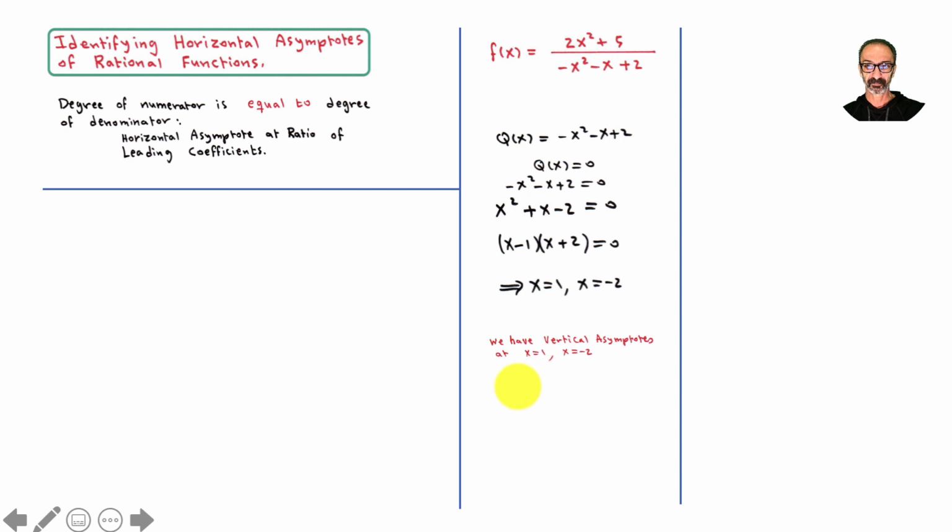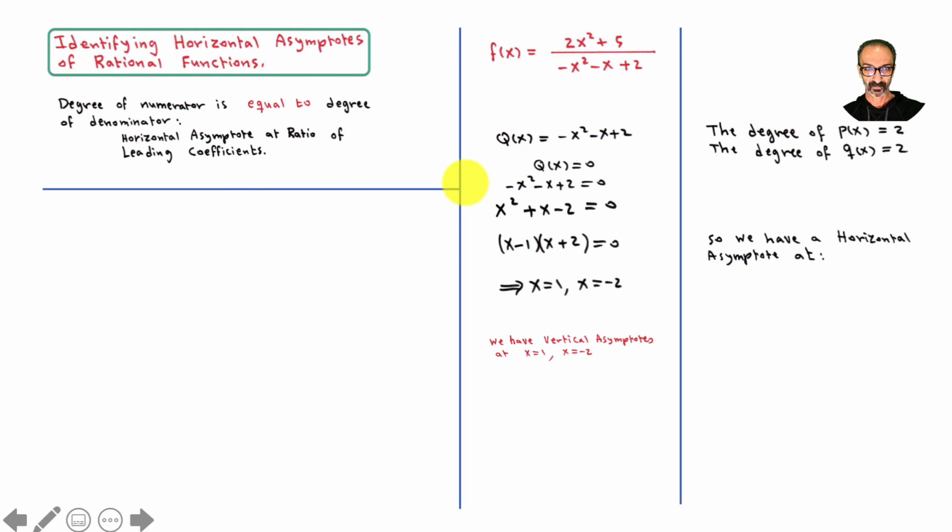All right. The degree of p of x is 2 and the degree of q of x is also 2. So we have a horizontal asymptote at the leading coefficients 2 over negative 1, because towards infinity that's what counts, the leading terms, and that will simplify to the ratio of the leading coefficients, which is negative 2.